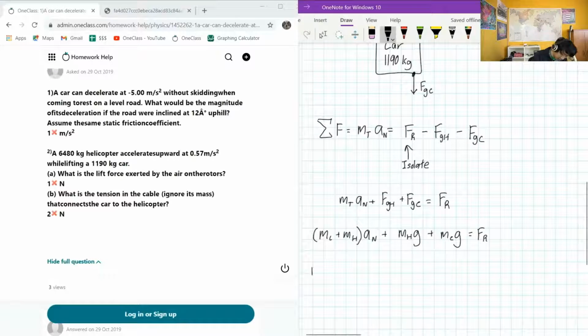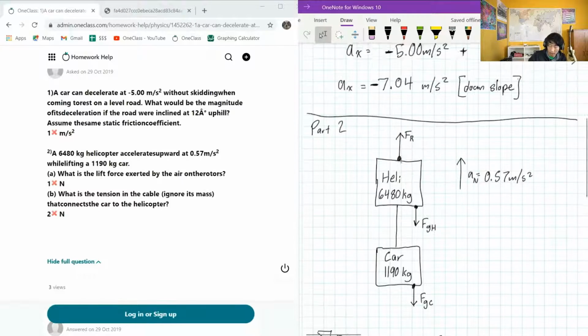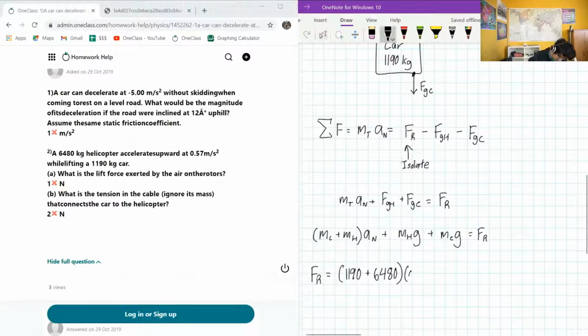Subbing in our numbers, our car mass is 1190 plus the helicopter, which is 6480, times the net acceleration upwards, which is 0.57, plus the helicopter times gravity.